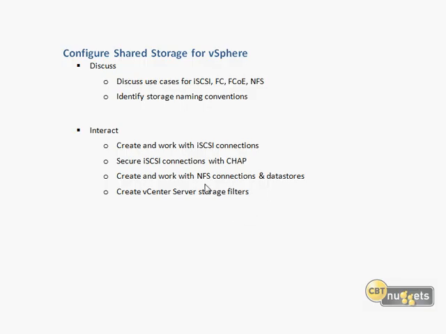I also want to show you NFS connections and datastores in this nugget as well, because those are a little bit different. The configuration is just slightly different than iSCSI. NFS is actually developing a fan base from a lot of administrators.